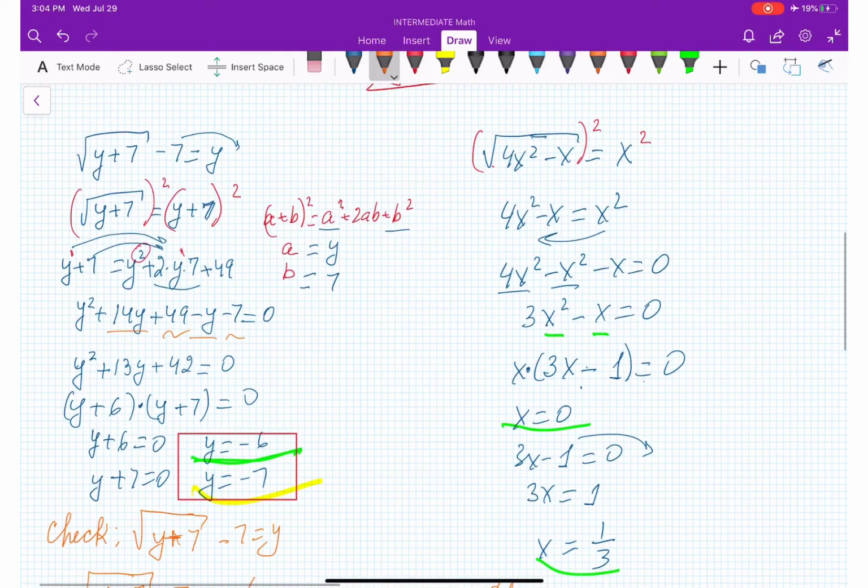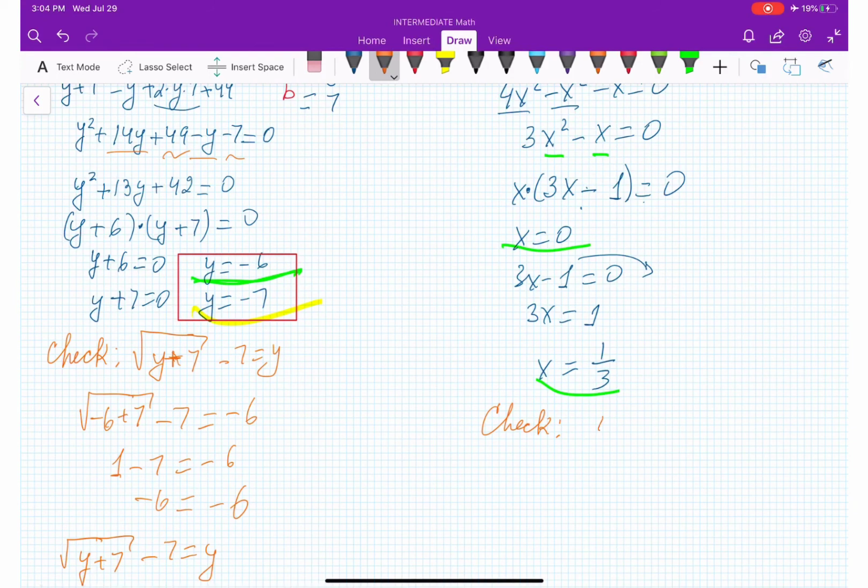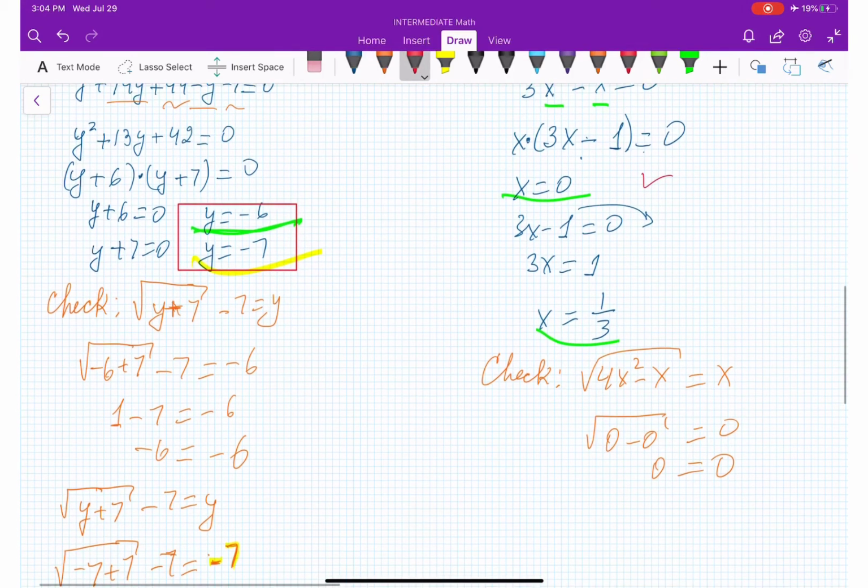What are my equations? 4x squared minus x equal x. So plugging this 0, what am I getting here? 0 minus 0 equals 0, which is, this one is correct. Check mark.